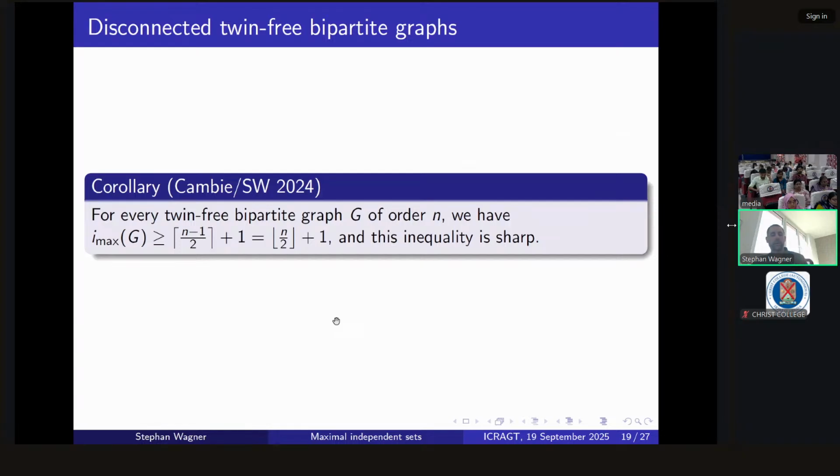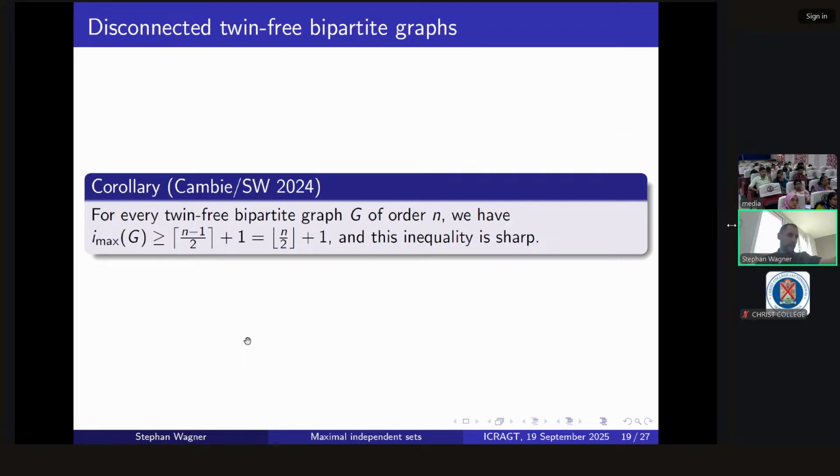If I take arbitrary bipartite graphs, allowing also the graph to be disconnected, the change is really just by 1, because I can add one isolated vertex to the construction and it still works. So not a big change there from connected bipartite graphs to arbitrary bipartite graphs.